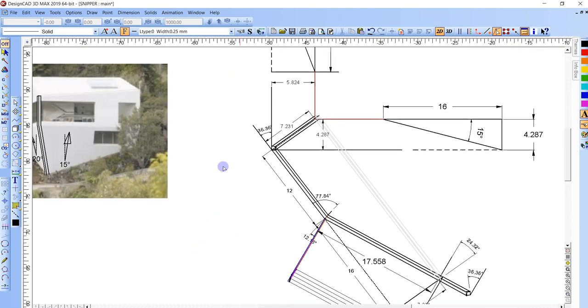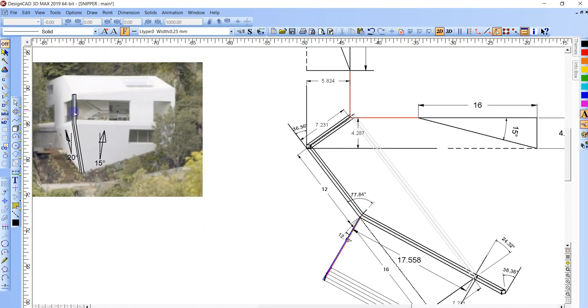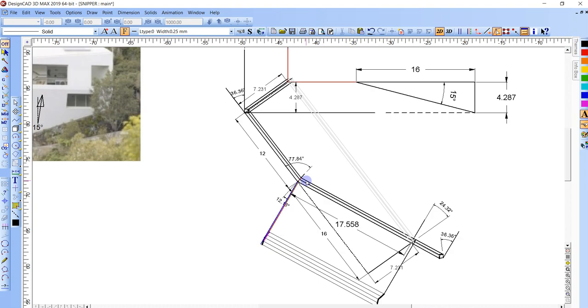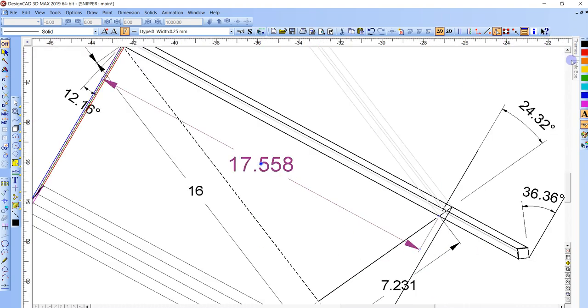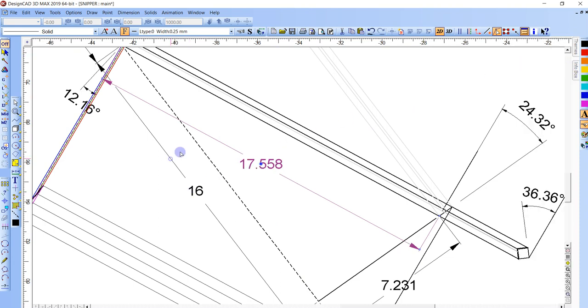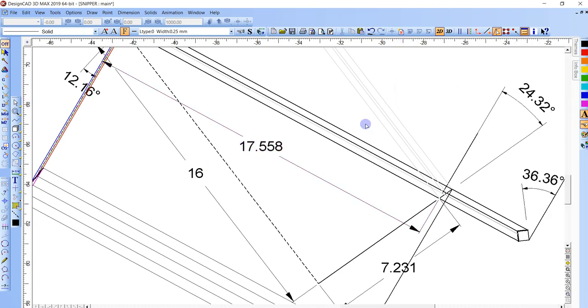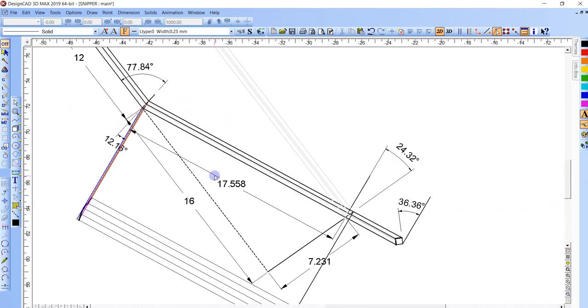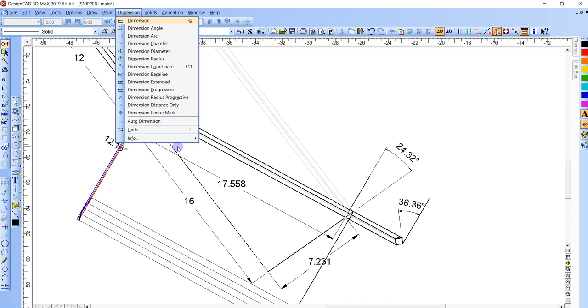I'm just picking numbers out of my hat to say that top piece there is 12, and this is 16 feet in elevation, not in the diagonal. Then you can calculate the diagonal right there. And then that means now you have the rise and the run of this piece. You can calculate this angle here, or this angle here, Alt MA.